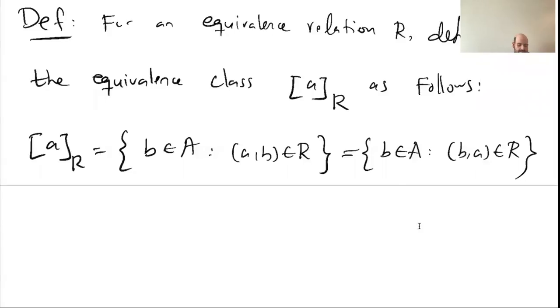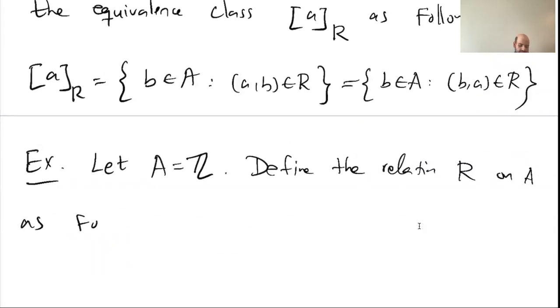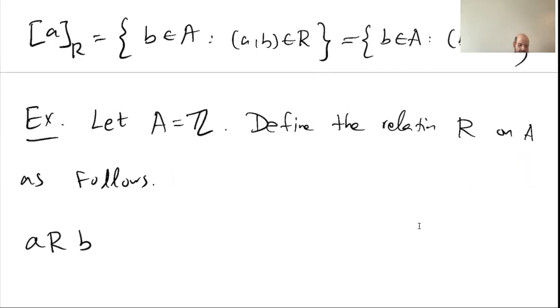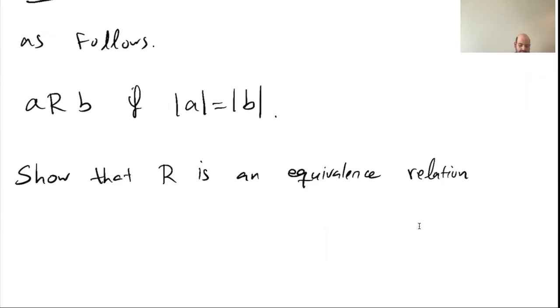Okay, so let's begin some examples. Example: let A equal, let's say, Z. Define the relation R on A as follows: a R b if the absolute value of a equals the absolute value of b. Now we want to show that R is an equivalence relation and find the class of, for example, 2 and the class of -1.